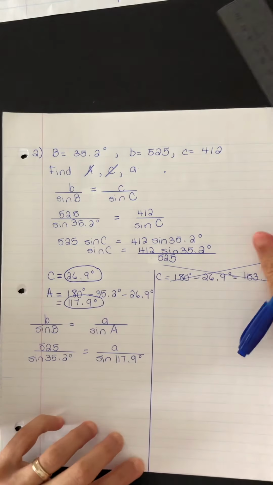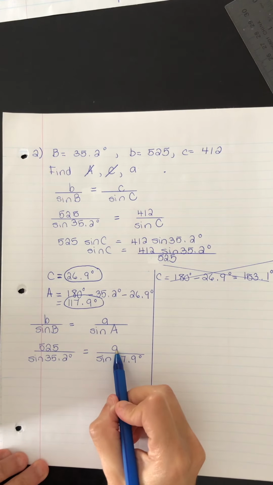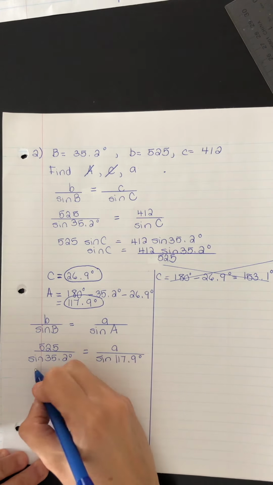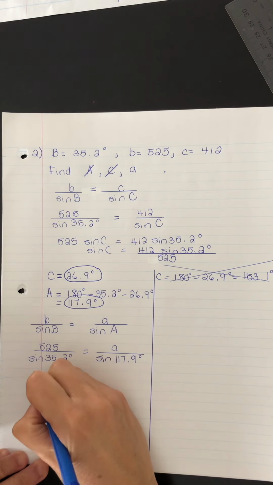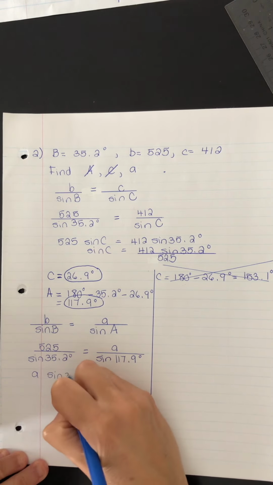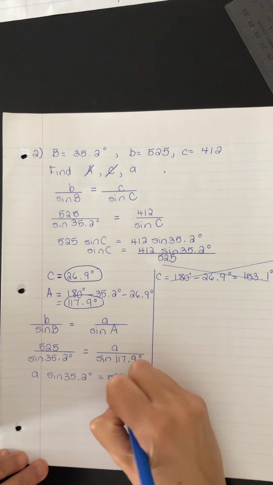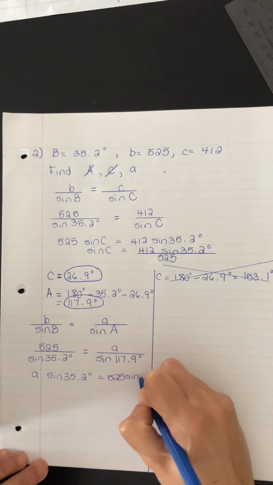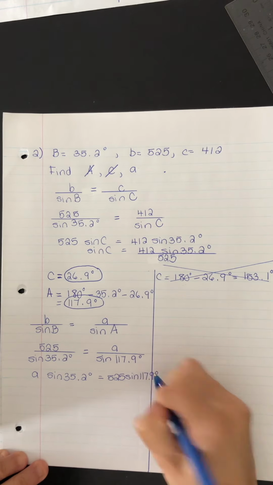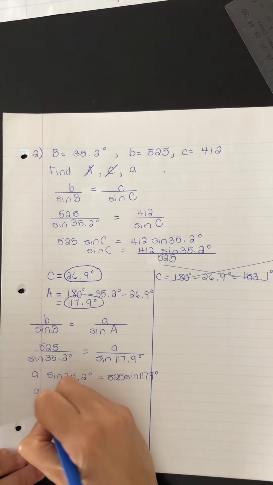Okay, trying to isolate the little a here, cross multiply first. So A times the sine of 35.2 degrees is 525 times the sine of 117.9 degrees, and then divide.